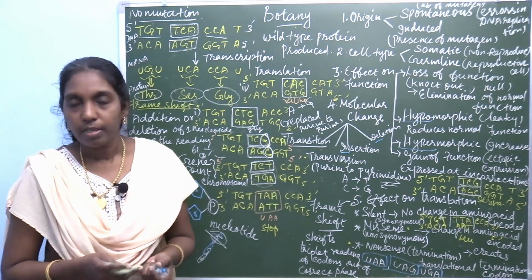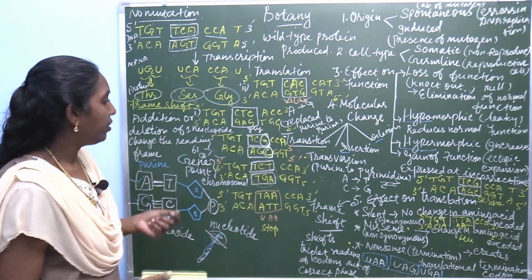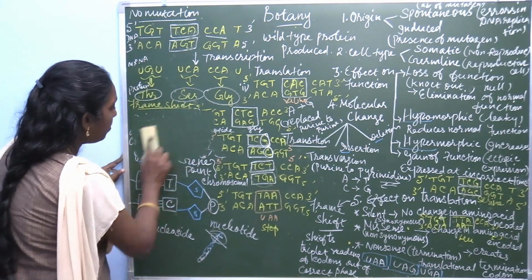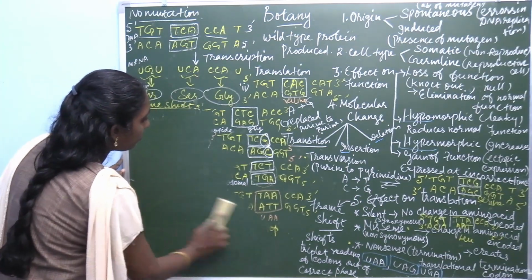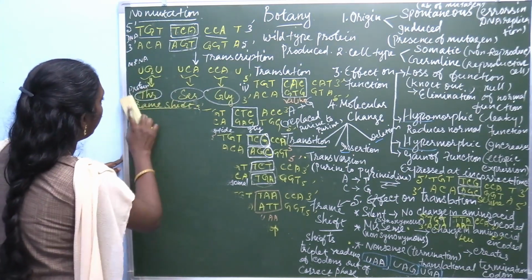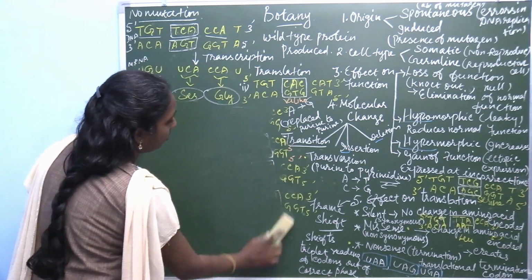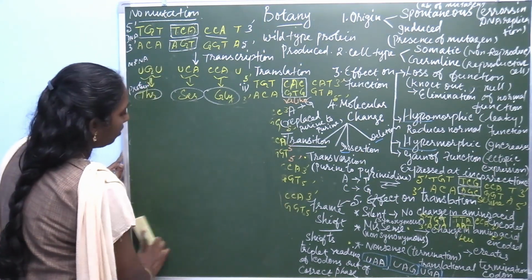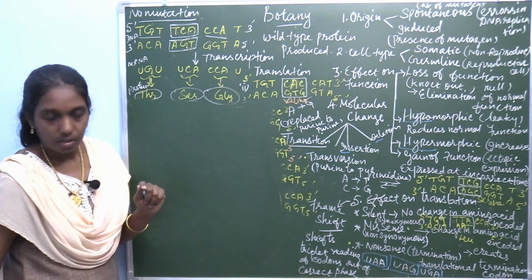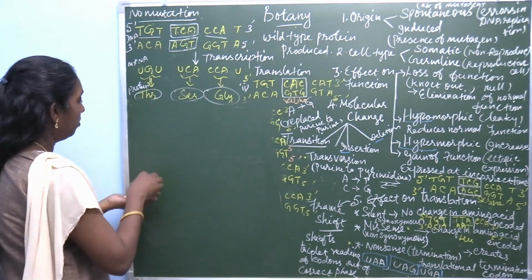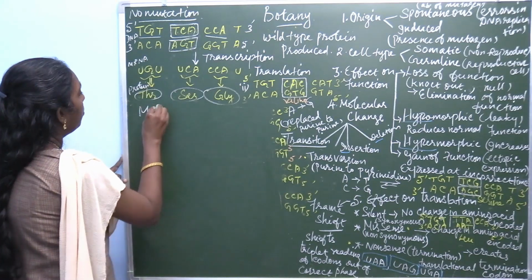The mutagenic agents are classified into 2 different types.